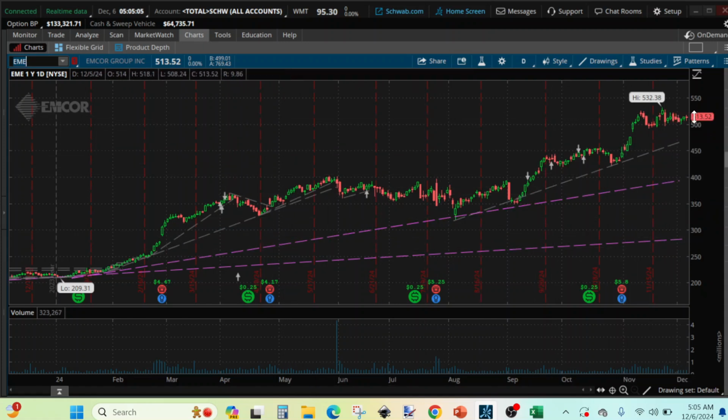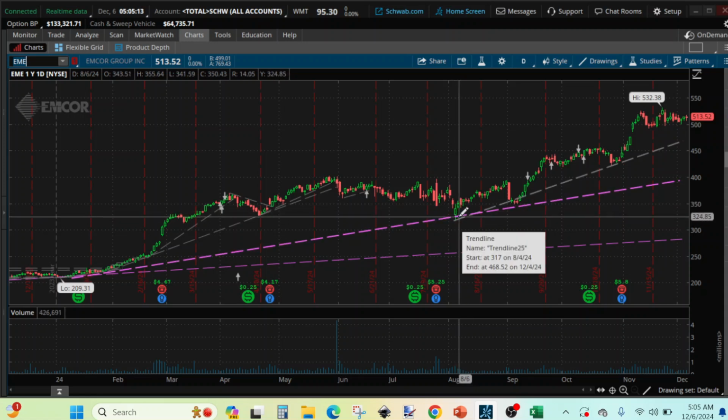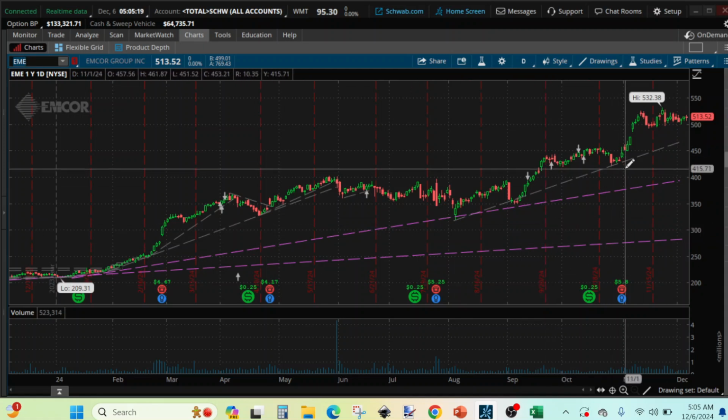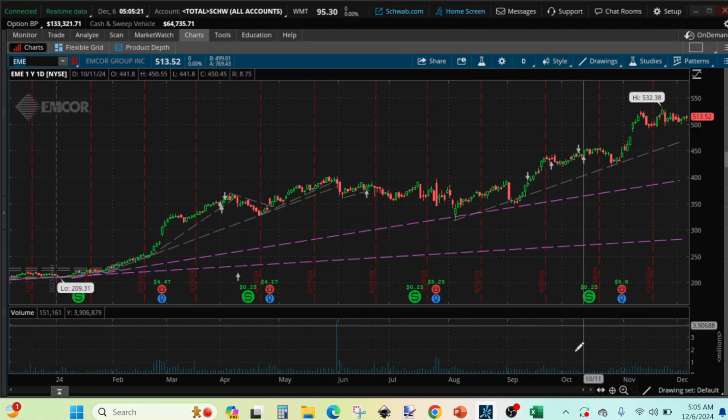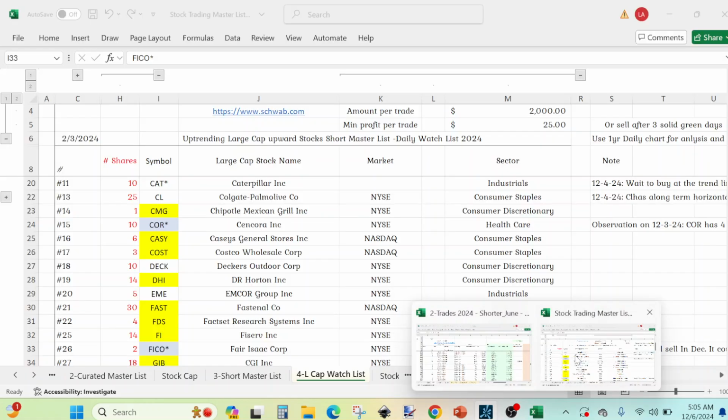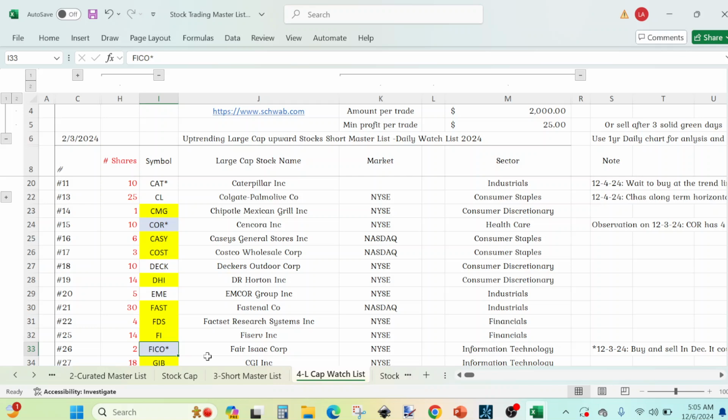It could continue from there all the way to March or so, but it pulled back to that line around May. So we are going to just observe it to see the pattern, and when it reaches this line and starts going up from there is when we enter. FICO.